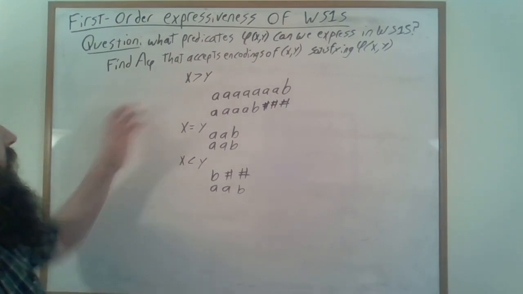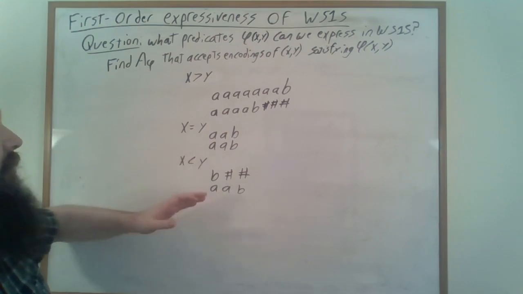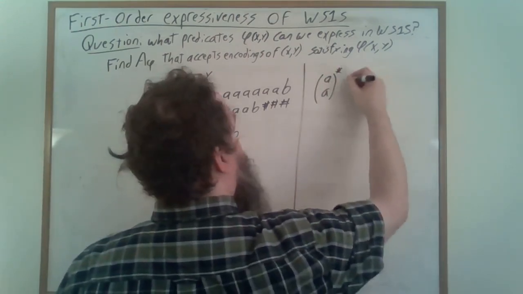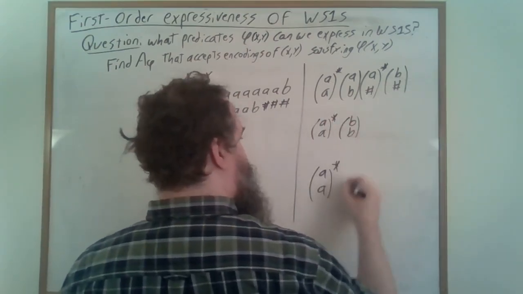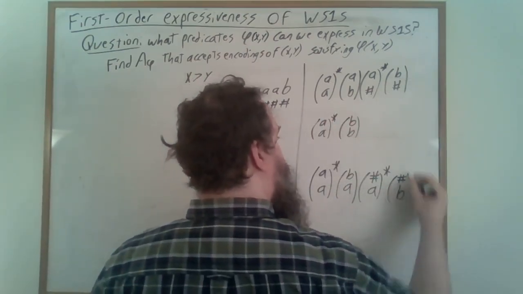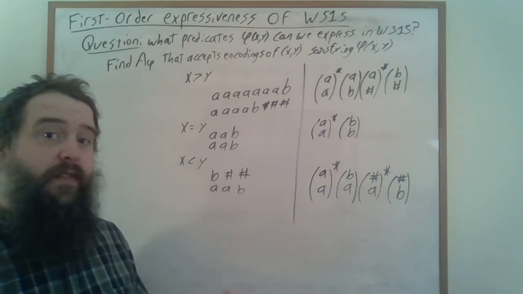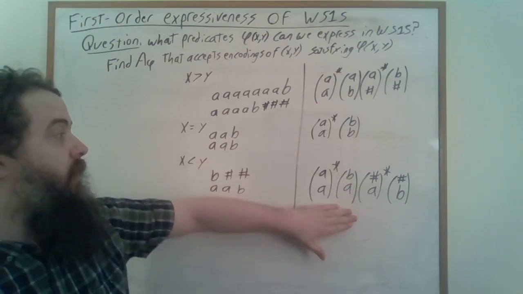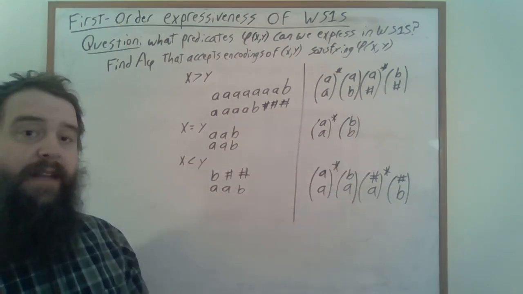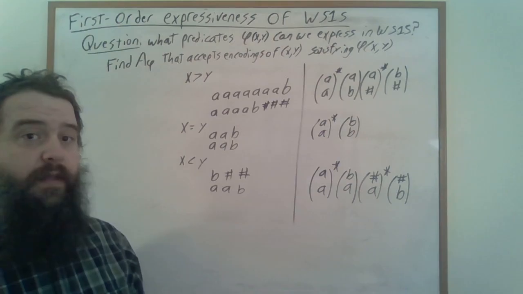In particular, which one of these two are we going to have to pad? Specifically, in each of these cases, we're going to wind up getting words that match one of these three regular expressions. And it's best to handle these cases separately.